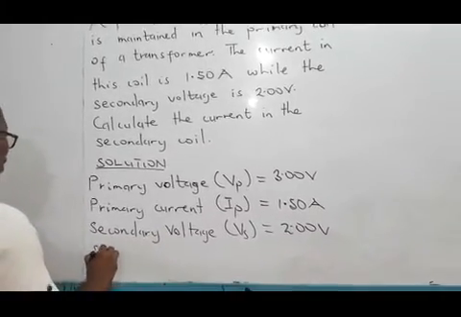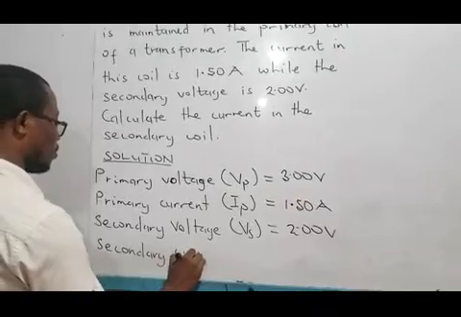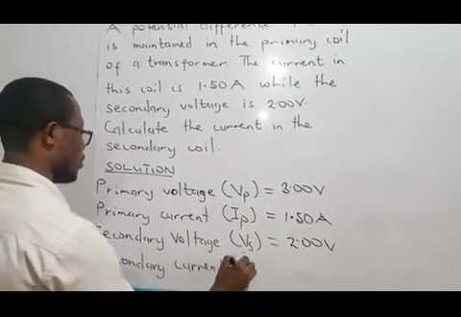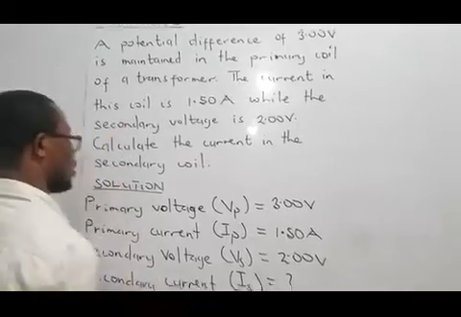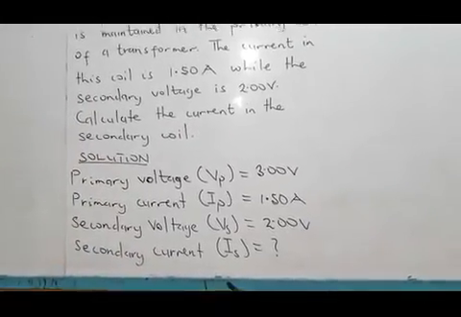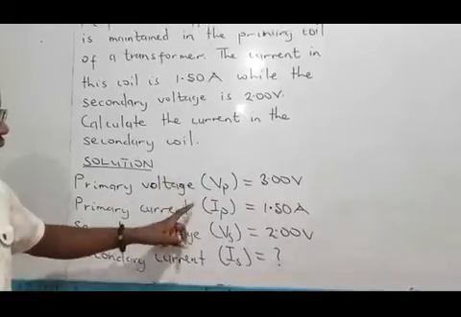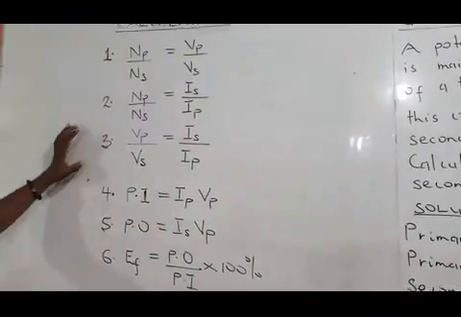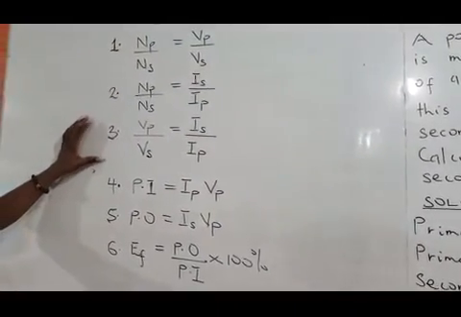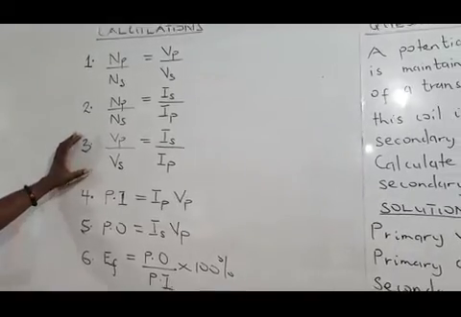So that's the secondary current, Is. Okay, so we have information involving voltage and the current. So you look for an equation that connects the voltage to the current, and that is equation 3.